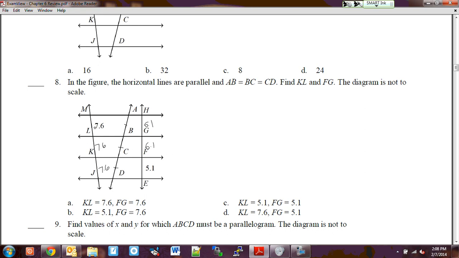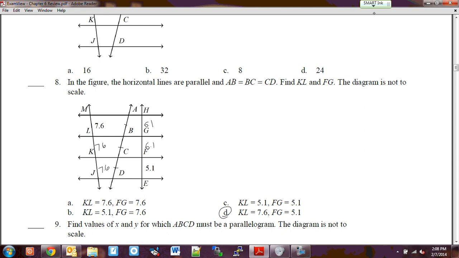Well, KL is 7.6, and find FG. Well, FG is 5.1. So KL 7.6, FG 5.1, 8 is letter D. Because remember, since these lines are parallel and one transversal is cut into equal segments, any transversal that goes through there is also cut into equal segments.